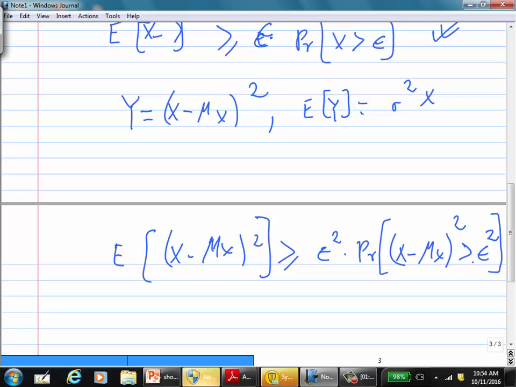Agree? All I did is replace epsilon by epsilon squared, and instead of x, I have replaced it by x minus mu x squared. You agree with this?